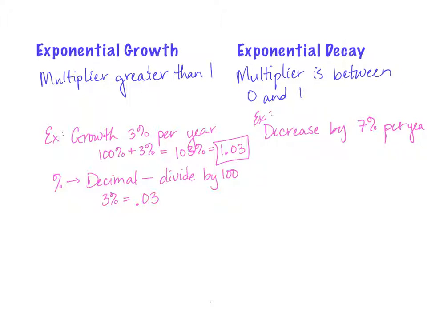I have my 100%, and instead of using this as 7%, because that would be a very small amount, I take the 100% minus the 7%, which gives me 93%. So when I take the 93%, divide it by 100 to make it a decimal, then I have a multiplier of 0.93.